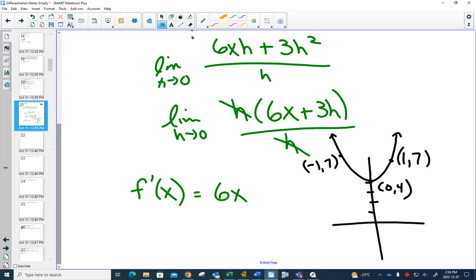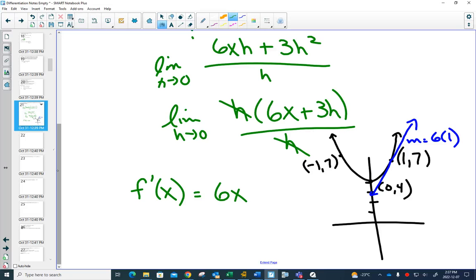What the derivative does is it gives you a formula for the slope of every single tangent line that's possible on here. I can figure out at (1, 7), here's the tangent line. And I know that the slope of that tangent line, x is 1, 6 times 1 would be 6. I know the slope of that line is 6.